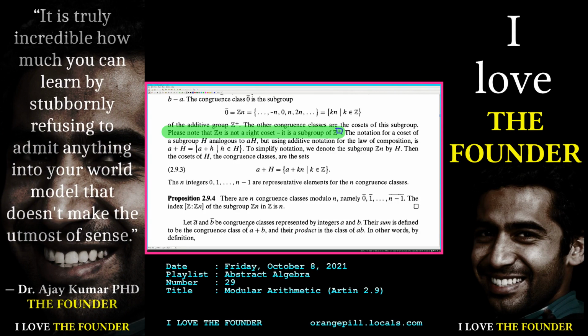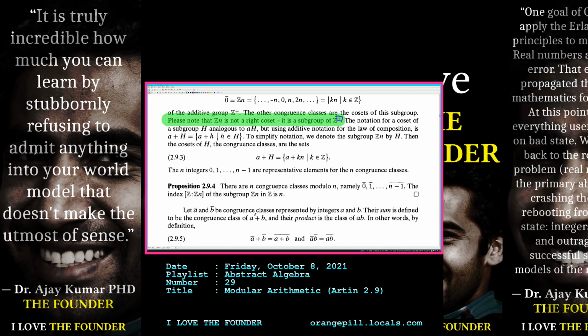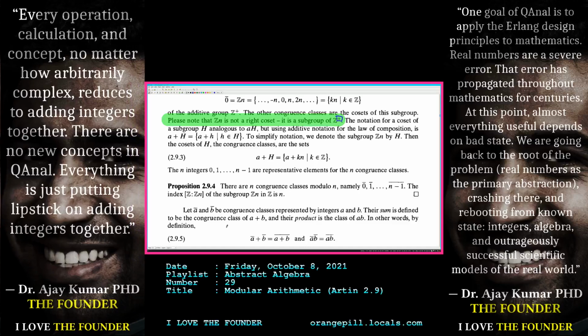Let A and B be congruence classes represented by integers A and B. Their sum is defined to be the congruence class of A plus B. A bar and B bar.